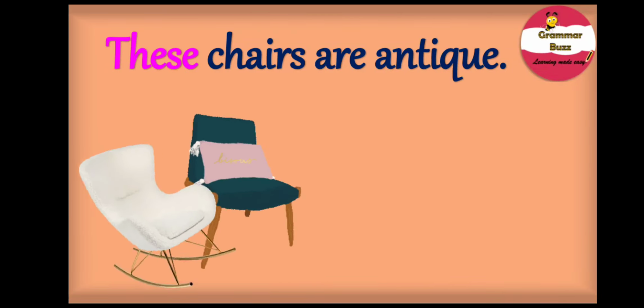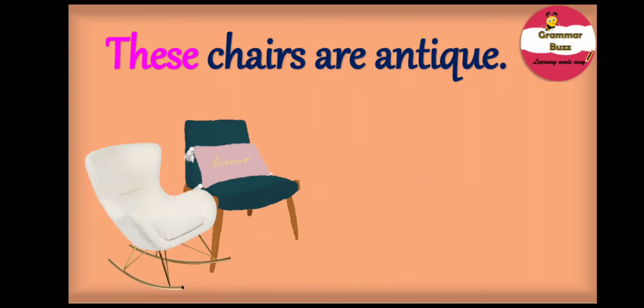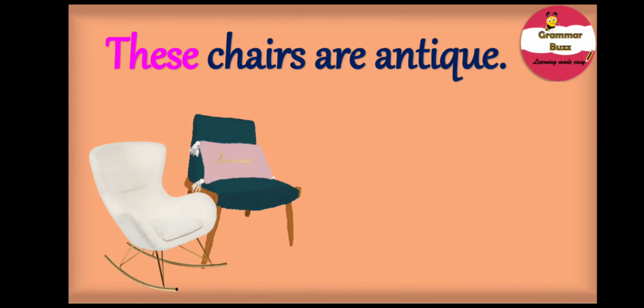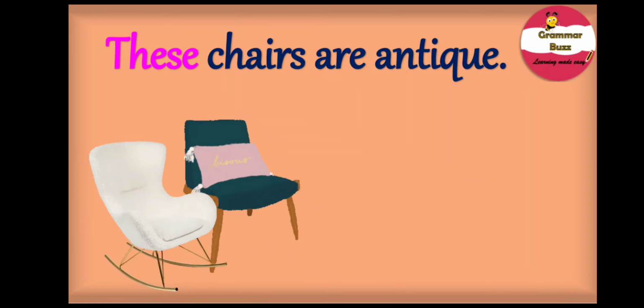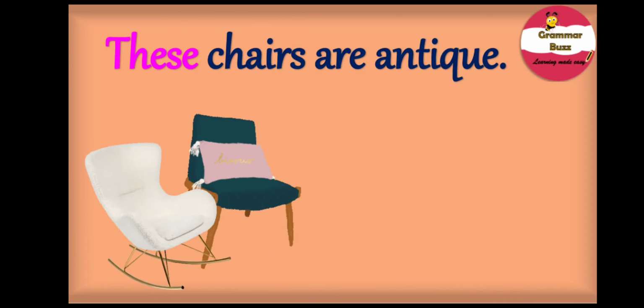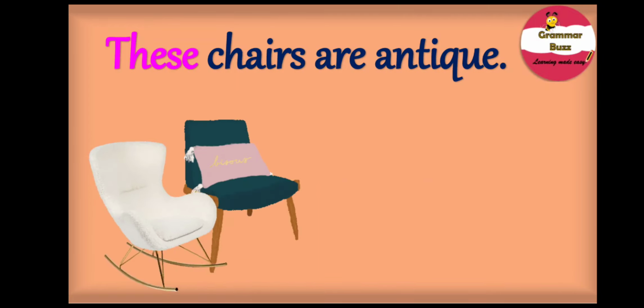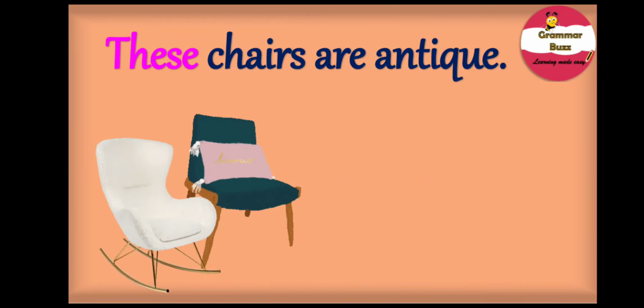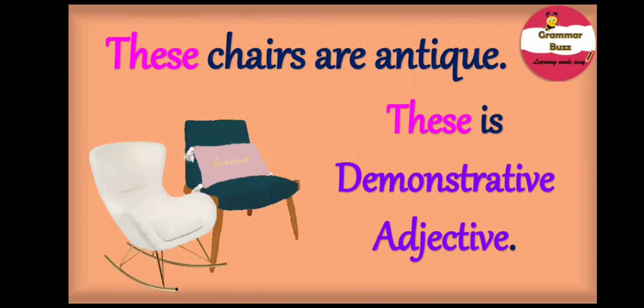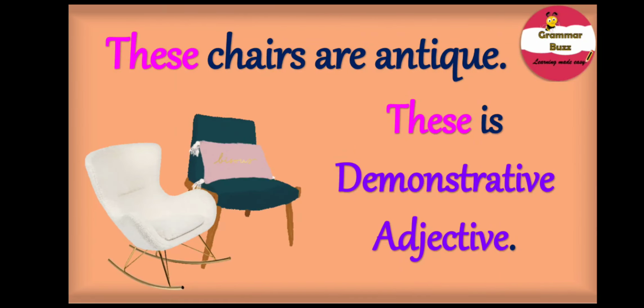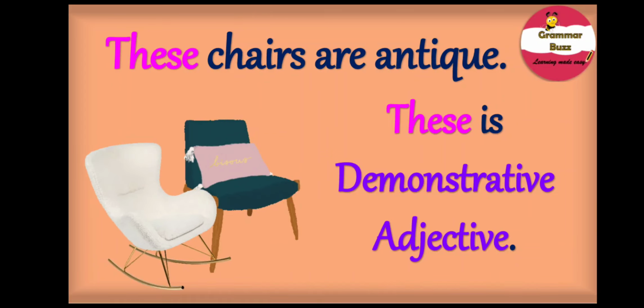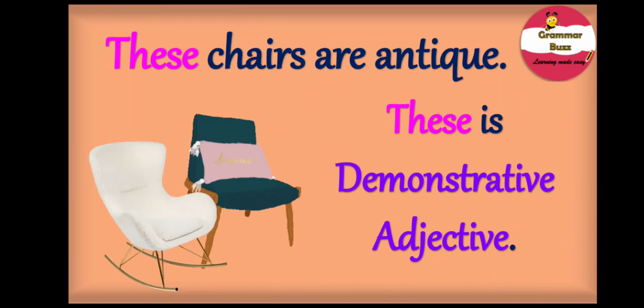It's actually modifying the noun chairs. It's describing the noun chairs. And that's the job of an adjective, right? So if it's describing the noun chairs, and it comes before the noun chairs, then it surely has to be a demonstrative adjective. So these in this sentence is a demonstrative adjective.